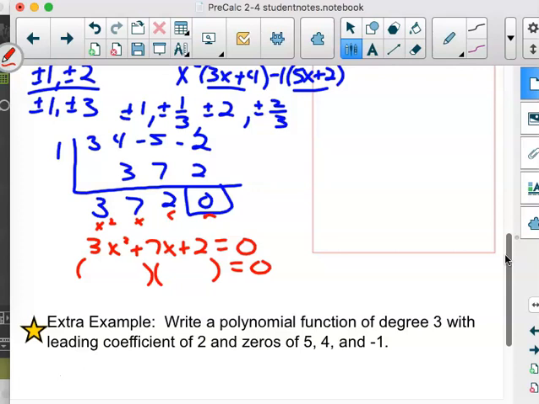So I realize there's no greatest common monomial factor, and there's nothing special about this. It's not a perfect square trinomial. I'm going to need a 3x and an x in order to get a 3x squared. And in the back, I need to multiply to 2, and somehow outside times outside plus inside times inside has to add to 7.